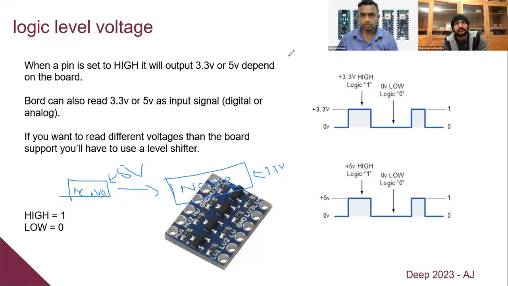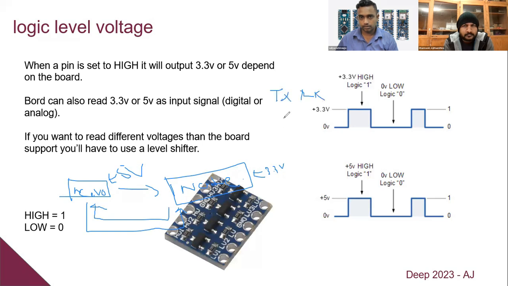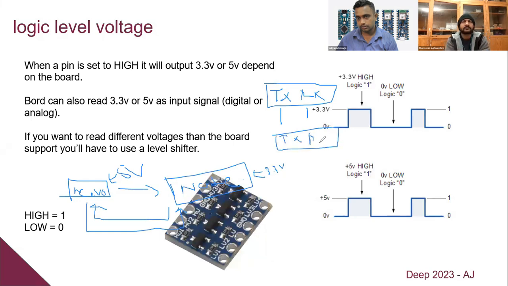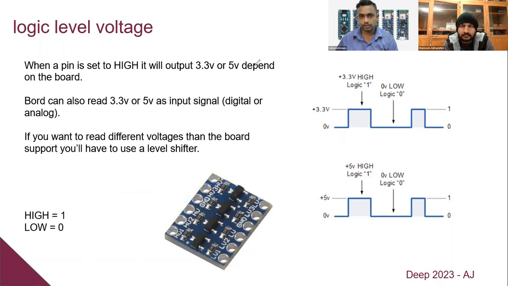When I say we connect this board, I mean serial communication, like TX, RX. Arduino Nano has 2 pins, TX and RX, and NodeMCU also has TX and RX. You have to connect these pins to communicate with each other, right? But the voltage levels are different.